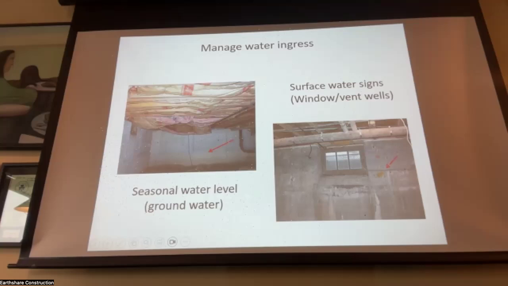And these are just some examples of that. Of course, the window well is often on my house. I have window wells that are full of ice in the spring. And fortunately, they're sealed from the crawl space, so they don't leak, but they could.